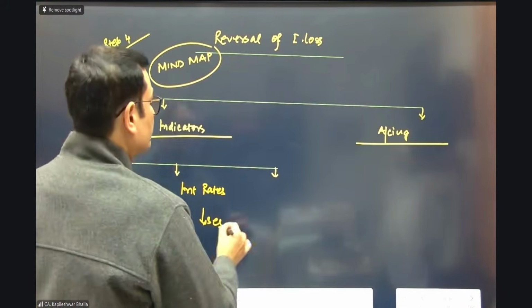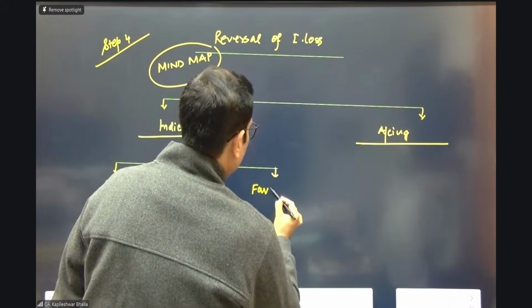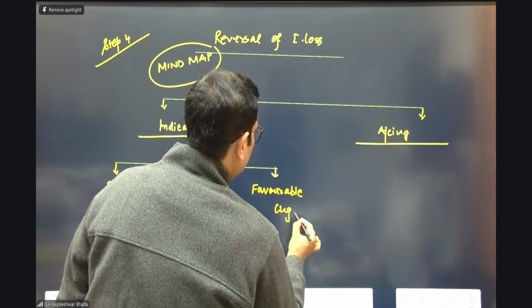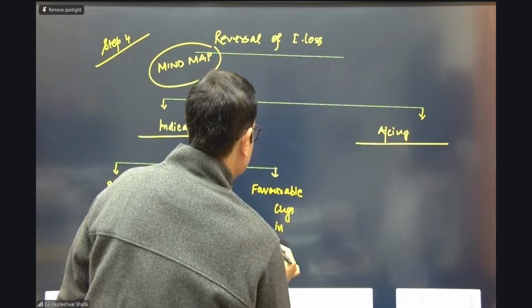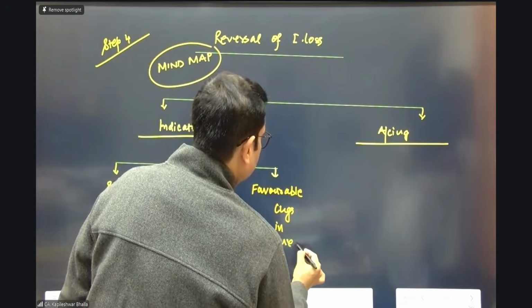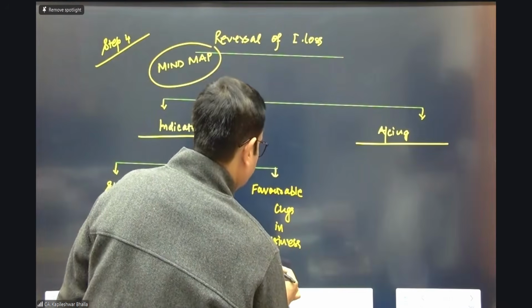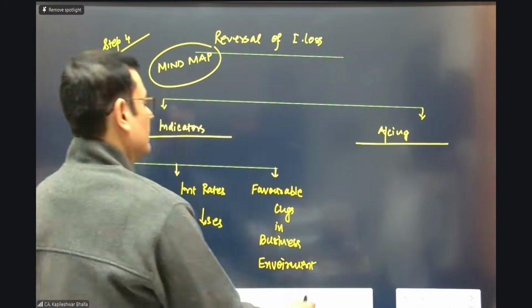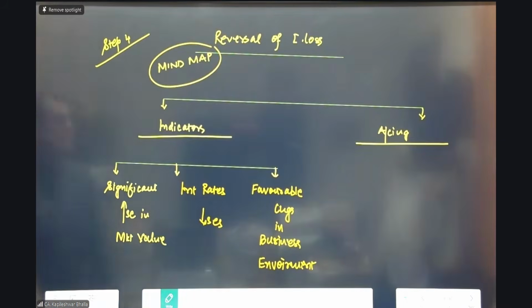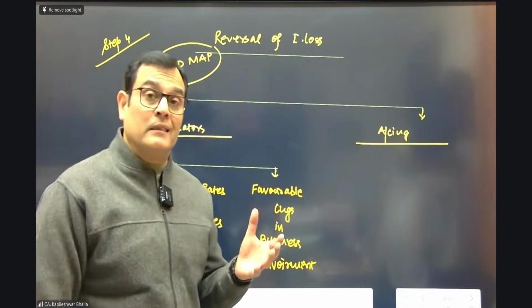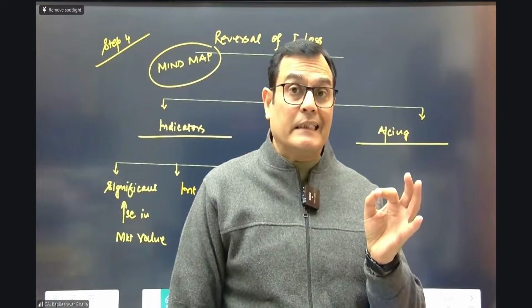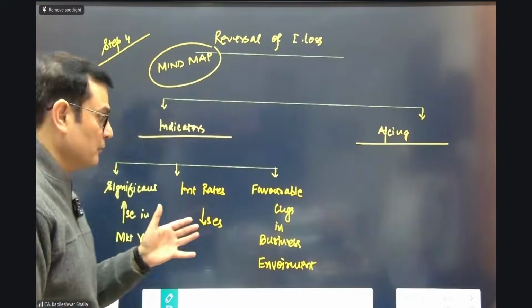And the third condition is that there are favorable changes in the business environment, resulting in a better cash flow. So there is a favorable impact in the technological, economic, legal, political environment. So that results in incremental increase in cash flow.